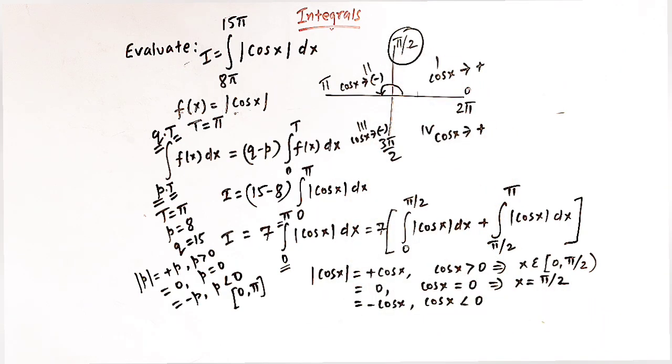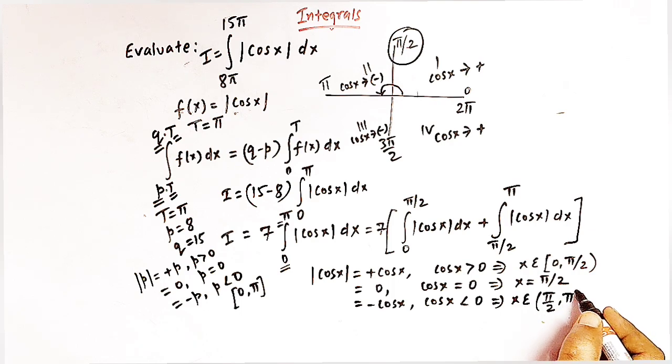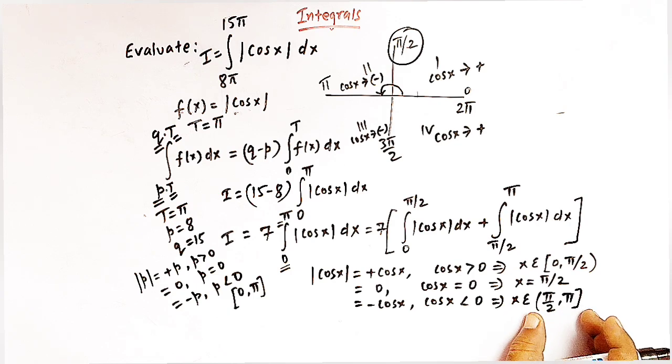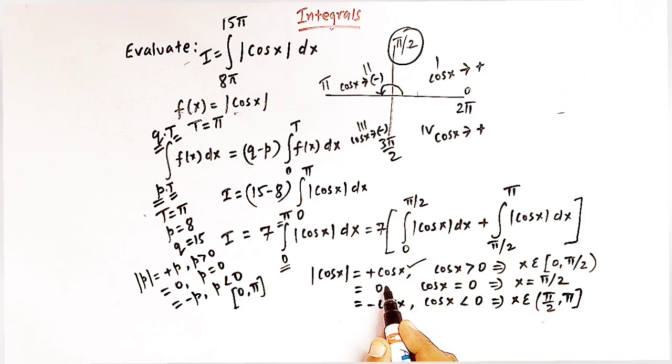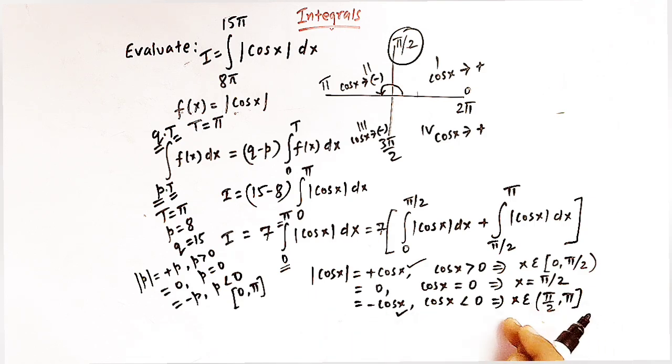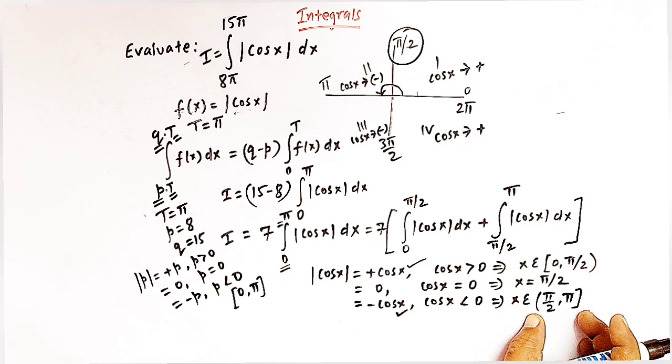Because cos pi by 2 is equal to 0, right? And when cos of x is less than 0, it implies that x belongs to the interval that is from pi by 2 to pi, right? So this interval indicates the second quadrant, right? So in the first quadrant, cosine function is positive. At x is equal to pi by 2, cosine function is 0. And in the second quadrant, the cosine function is negative when x belongs to this interval, right?